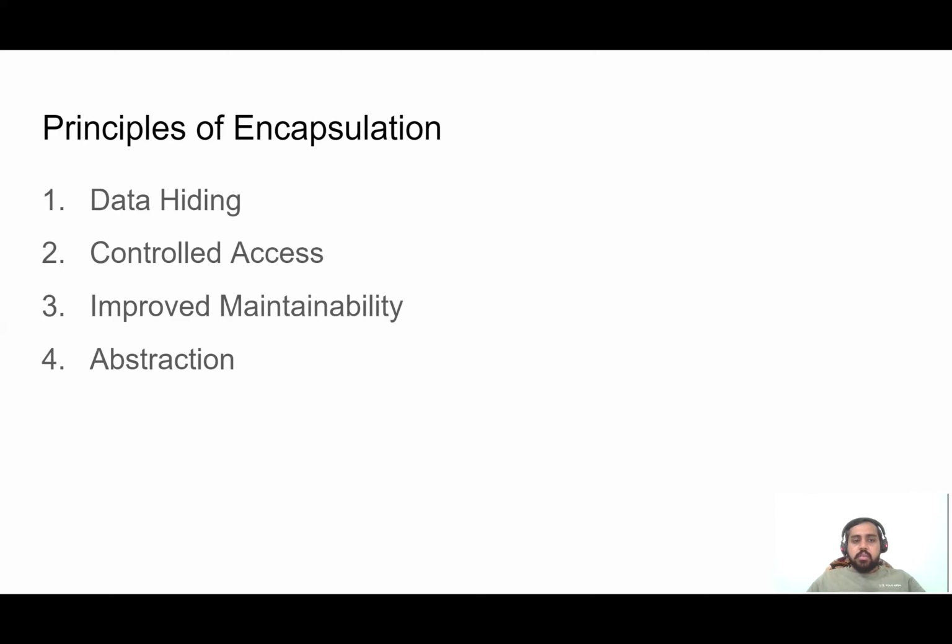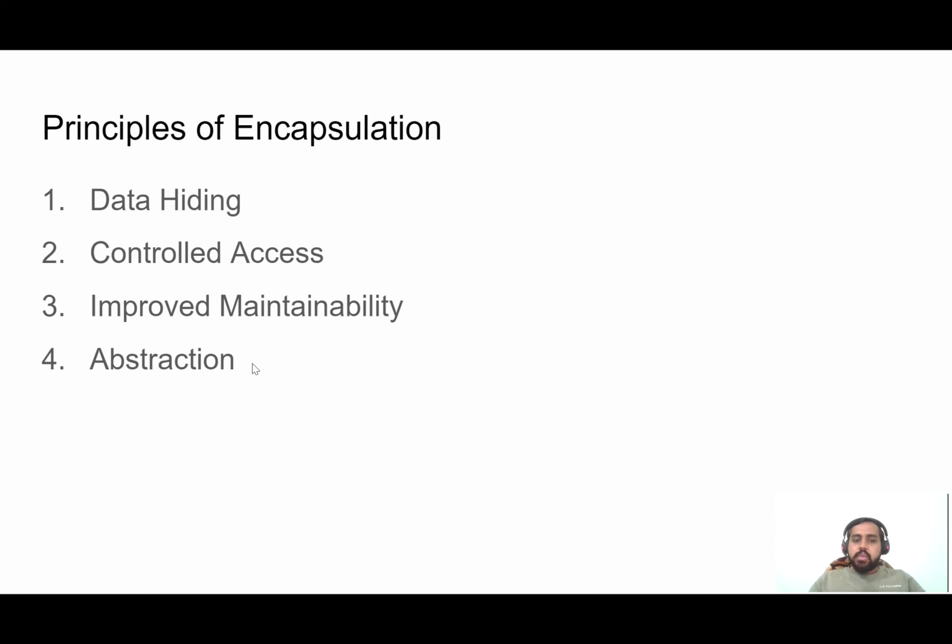We can hide data using the private keyword and give controlled access through getters and setters. So one is data hiding, the second is controlled access, and the third is improved maintainability. Suppose you want to change any logic, we just go directly to the getter or setter method and write the logic. We don't have to change anything at the variable level, and it will provide abstraction.